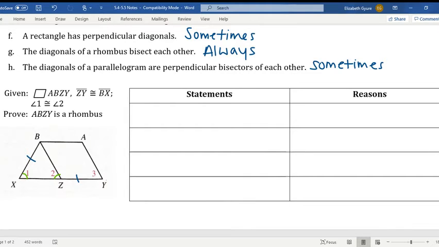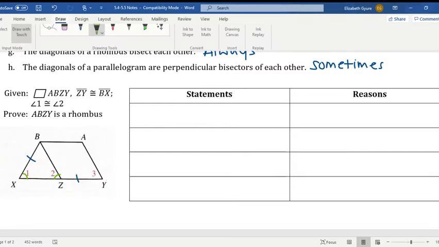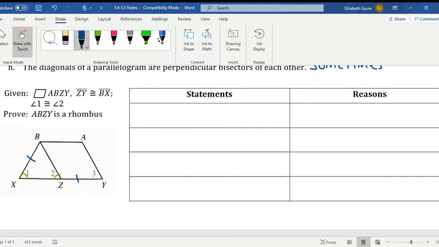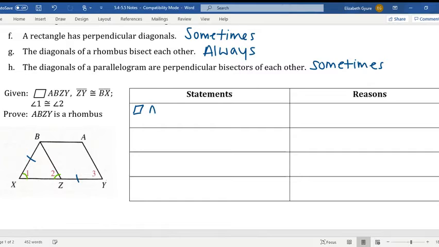We want to prove that ABZY is a rhombus. So first let's write down our givens: parallelogram ABZY, segment ZY is congruent to segment BX, and angle 1 is congruent to angle 2.